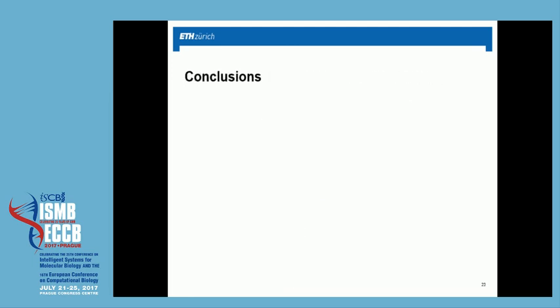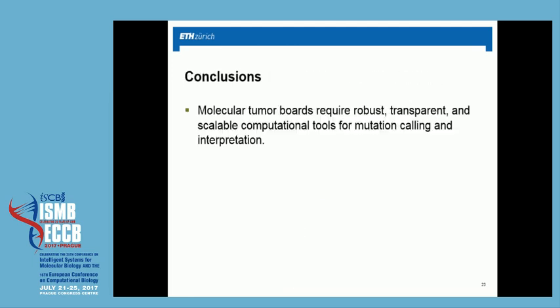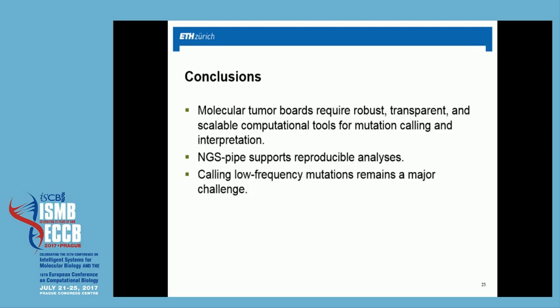So with that, I would like to wrap up. In the first part, I talked about mutation calling, and the starting point, again, was the molecular tumor board. It requires robust, transparent, and scalable computational tools for mutation calling and interpretation. NGS pipe supports reproducible analysis of these sequencing data, at least up to mutation calling.